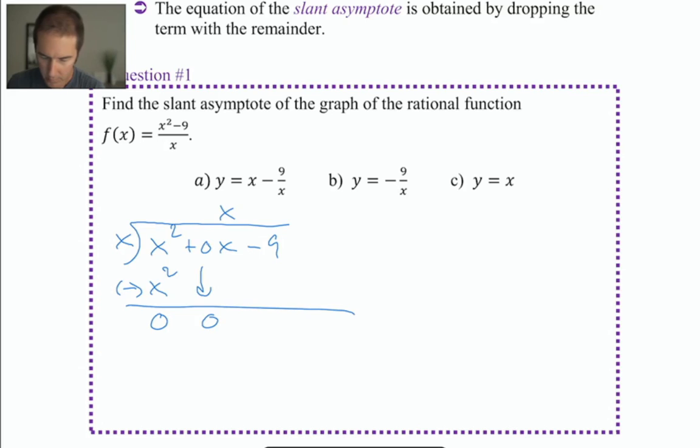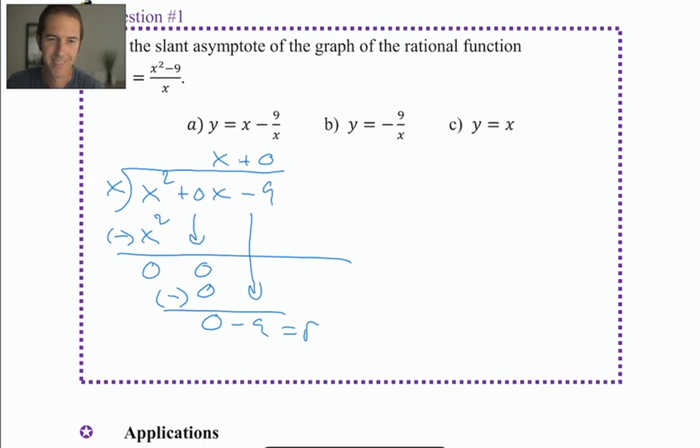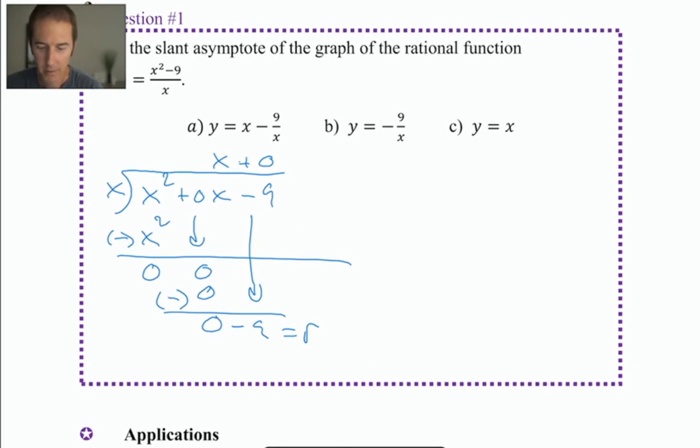X times what equals 0? This is a weird problem. The answer is 0. So plus 0. And then 0 times x makes 0, and 0 minus 0 is 0. Bring down the -9. X times what equals, oh, and -9 is the remainder. Haha. I'm starting to lose it. Okay. -9 is our remainder, plus -9 over x.